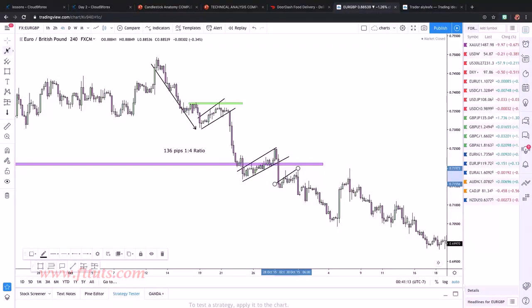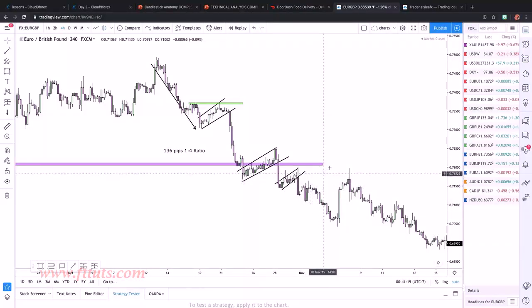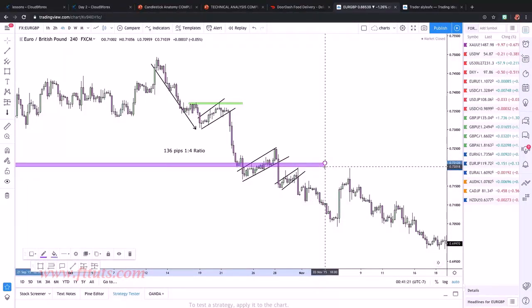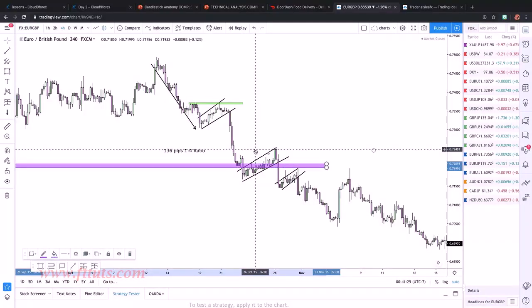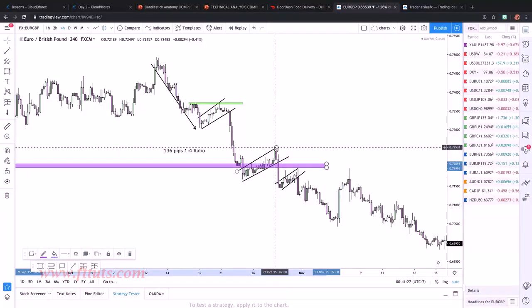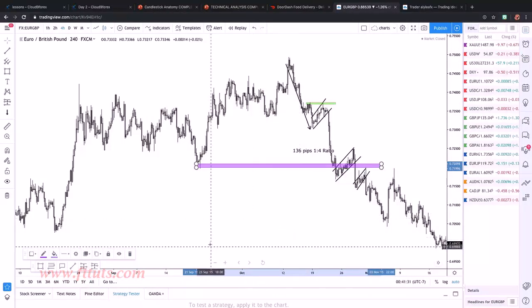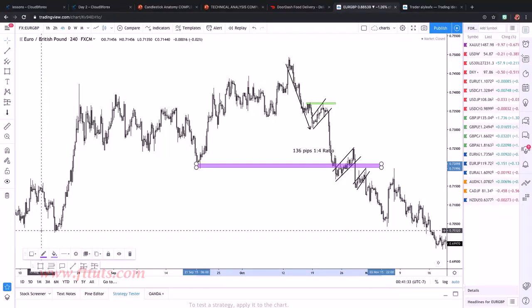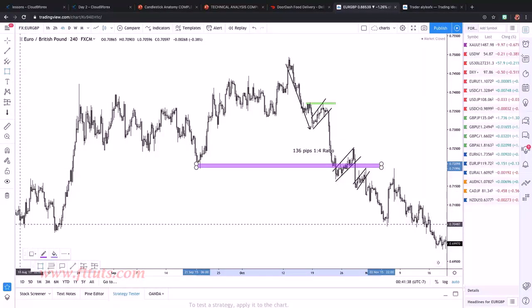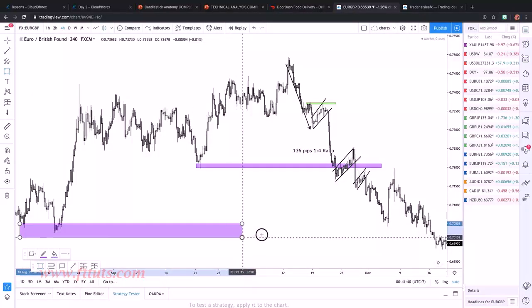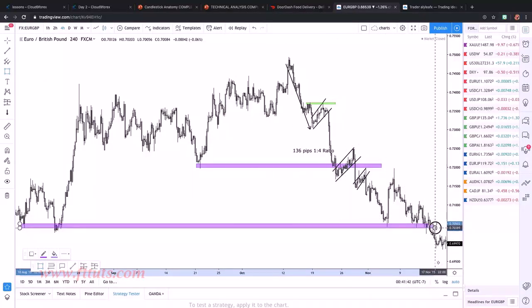And then another one. So this was a really good setup. So for about a month and a bit, it did this. So that was a really good setup. So then again, we want to look for our next support, which is around there.